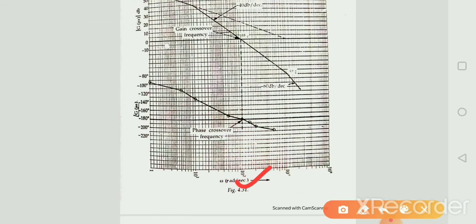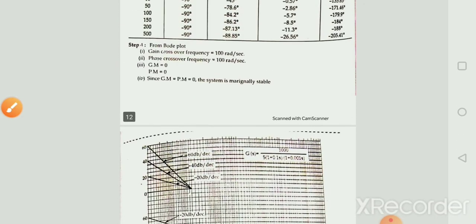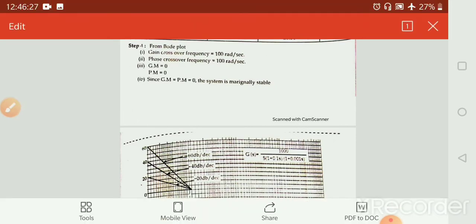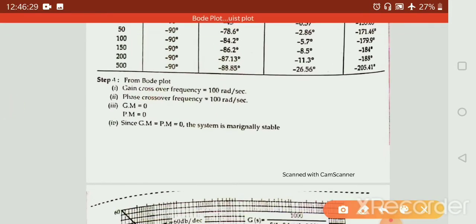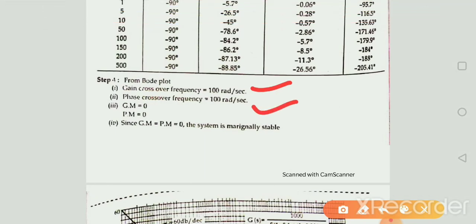So our gain cross frequency is 100. Then we can see our phase curve cuts 180 degrees here, so we draw a line and the frequency is also 100. So we can say in this equation the phase cross frequency and gain cross frequency are both 100 radian per second.